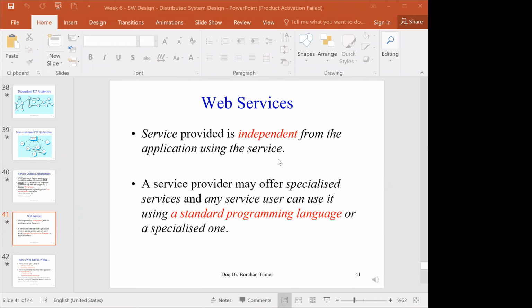So whether or not the information is kept in HTML doesn't make any difference, because the web services handle this problem. A service provider may offer specialized services, and any service user can use it using a standard programming language or a specialized one, which makes the service independent from the HTML.